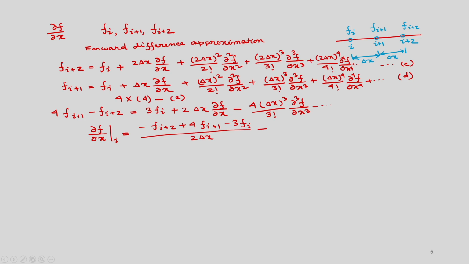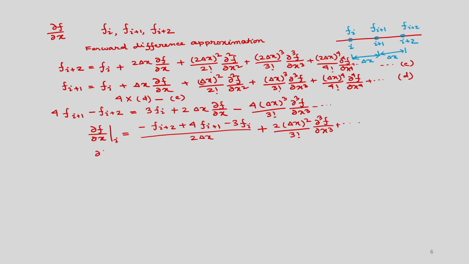So, this will come in this right hand side, so it will be plus. So, you divide by 2 delta x. So, it will be 2 delta x square by factorial 3 del cube f by del x cube and other terms. Okay. So, you can see that in this case the truncation error order is delta x square.